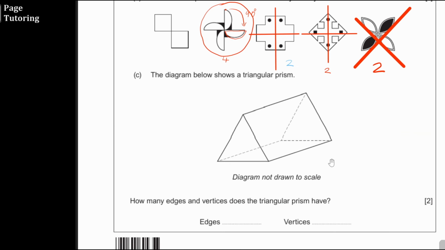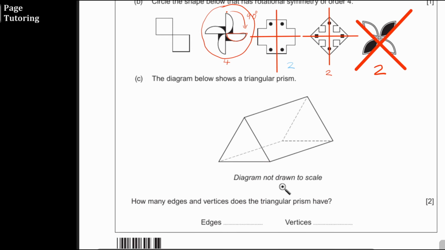Part C. The diagram below shows a triangular prism. It says the diagram's not to scale, so that gives you the nice little hint. Do not use your ruler, or any other mathematical tools like compasses or protractors. So it says how many edges and vertices does the triangular prism have? And you have your nice diagram so you can count them up, but it's just knowing what edges and vertices mean.